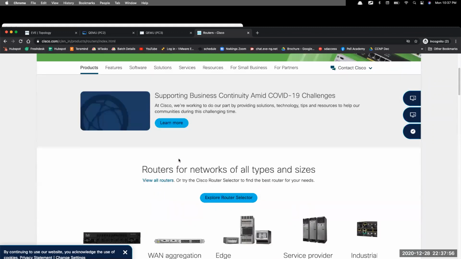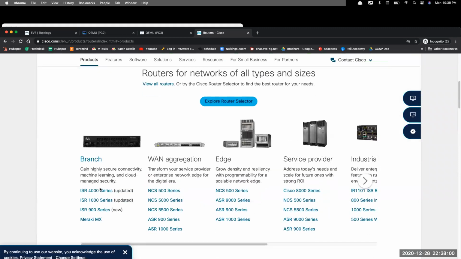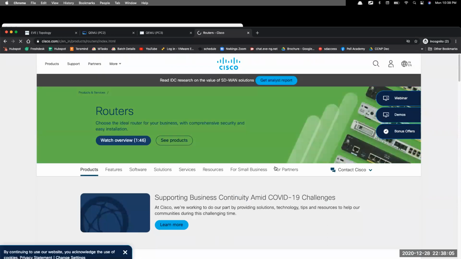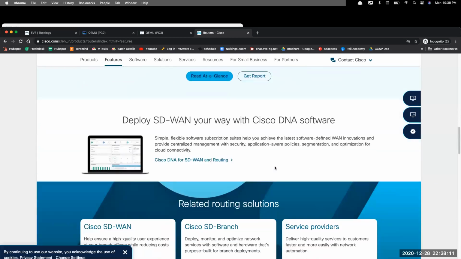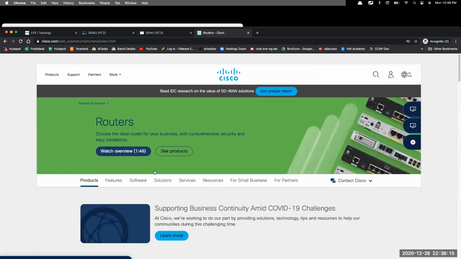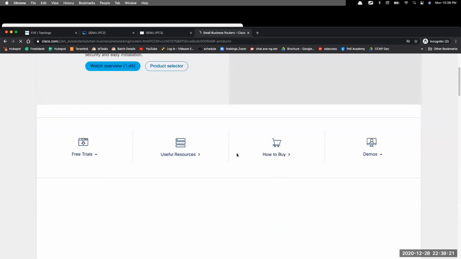So you should have a basic understanding of the devices, and to get that basic understanding, just keep on checking the data sheets. How to check the data sheets? On every device, you can just search for the data sheets. Maybe inside this. Yeah, see, products.